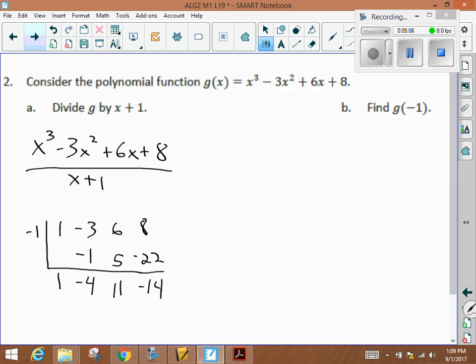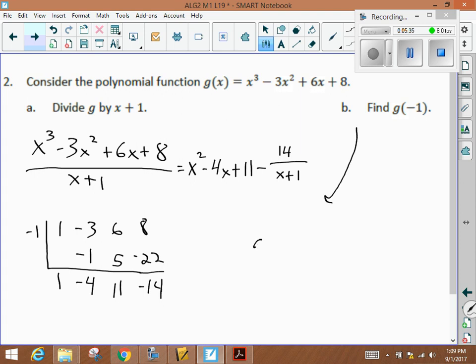So we can say then that this is equal to x squared minus 4x plus 11. And since my remainder is negative, I'm going to put a minus sign there, and then my remainder is negative 14 divided by x plus 1.